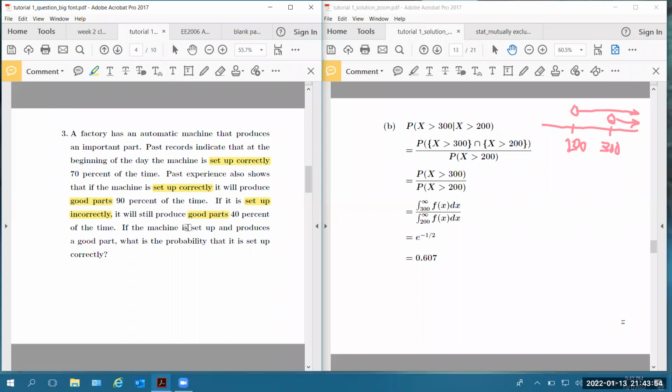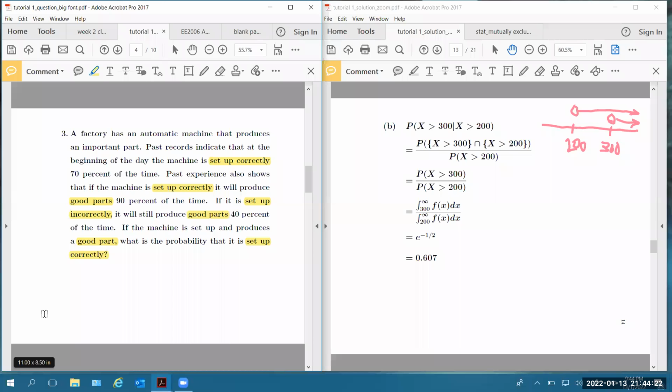If the machine is set up and produces a good part, what is the probability that it is set up correctly? So you see, "set up correctly" again. Now, do you all see? You can see that the phrases are repeating, and after reading a few times, you are able to catch that and highlight it.